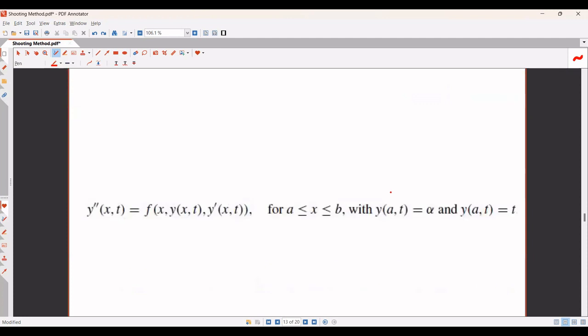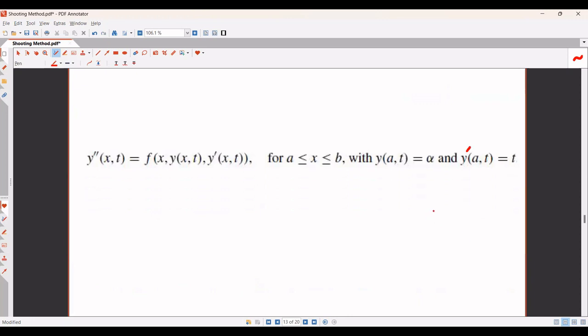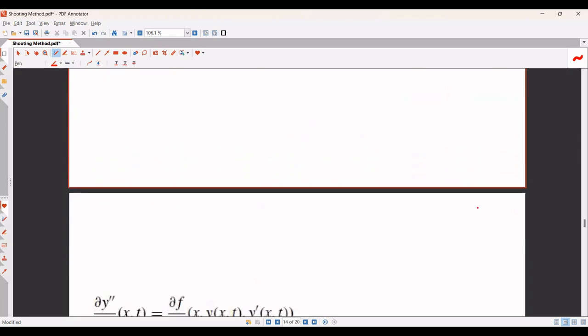To manage that, there is a mistake. It should be y prime here. I think the original Burden's book contains this mistake as well. So basically what we are doing is we are considering this boundary value problem as an initial value problem with the derivative of y at a assumed to be t.